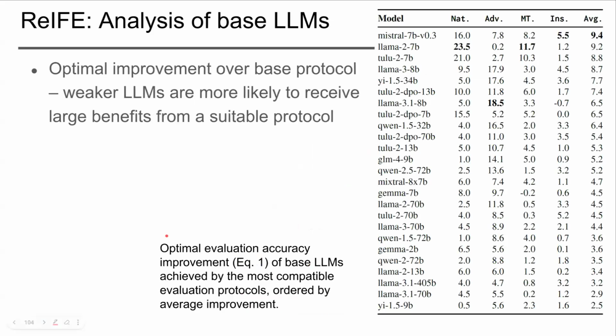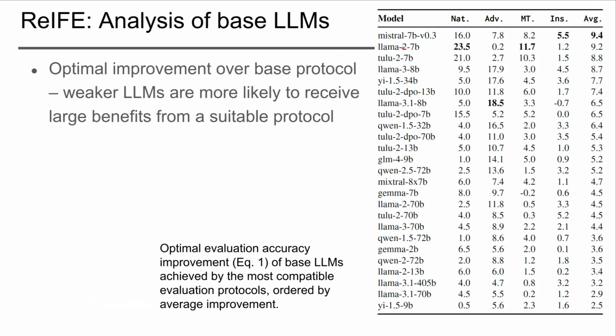So the next question we wanted to look into is, for each model, what is the optimal improvement we can get if we choose different protocols, and don't use the simple prompt? It turns out that it's quite varied. If you look at this table here, I know there's lots of numbers, but you can only focus on the last column.